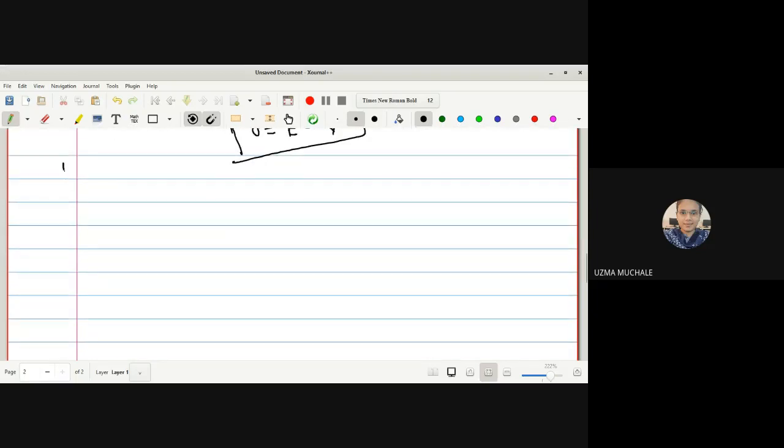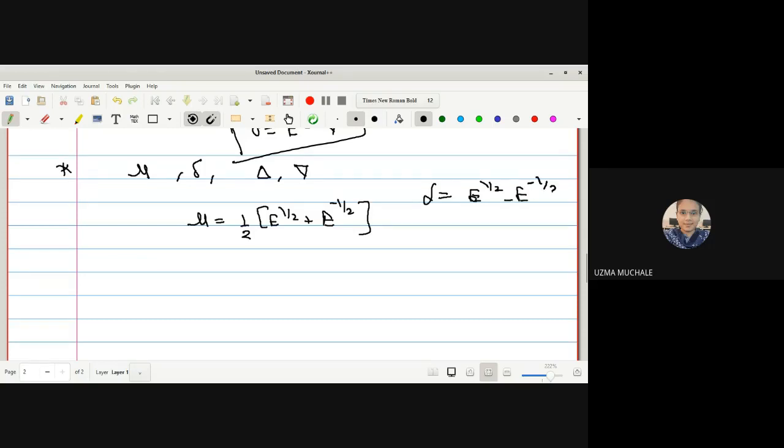In the next one, the relation between the averaging operator, central difference operator, forward and backward. For that, let me write down the formula for mu we have obtained: it is E raised to half plus E raised to minus half. Now we know the central difference operator is E raised to half minus E raised to minus half.